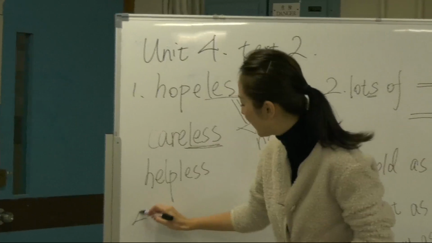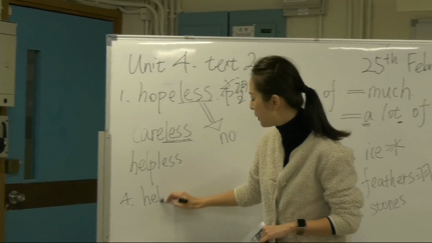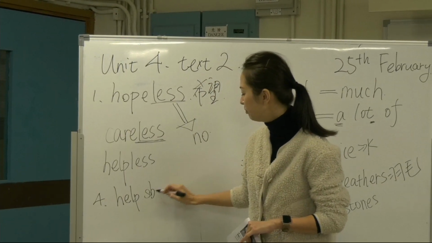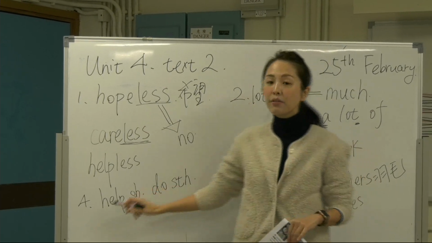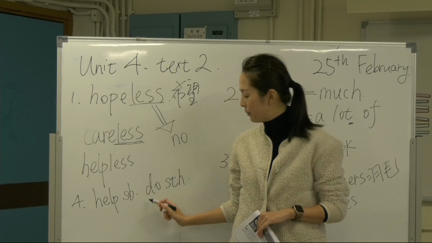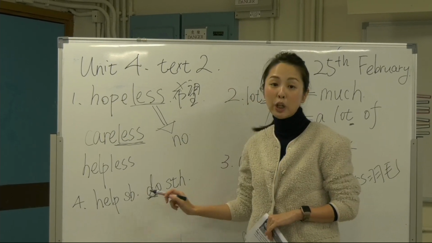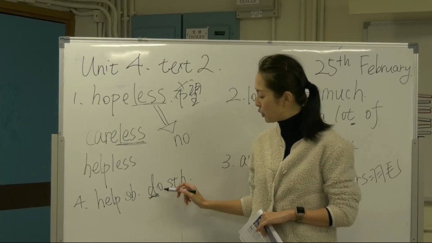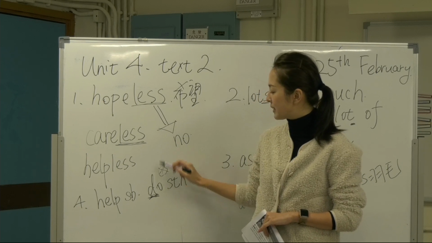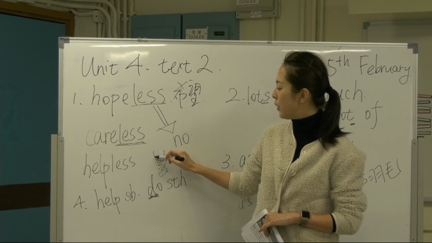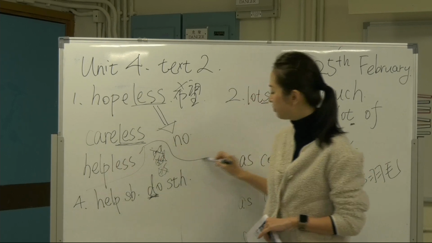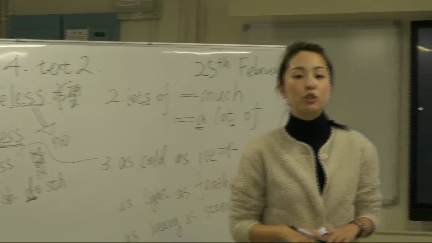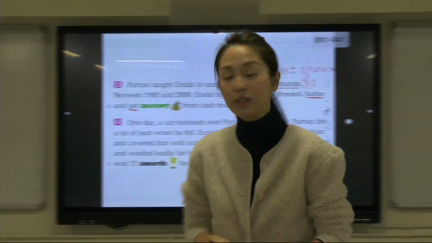So I have to write down again. Help somebody do something. So after the verb help, this one we call a bare infinitive. We don't plus anything. No es, no ed, and no ing. Okay? So write down on your note. Help somebody do something. Okay? Help somebody do something.